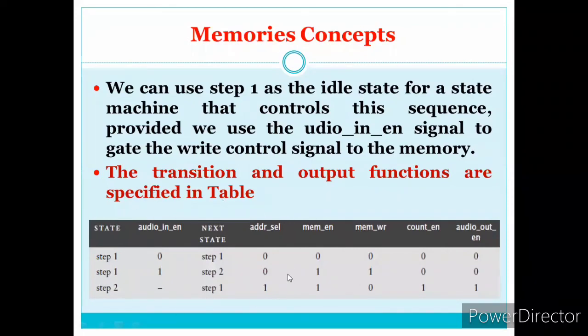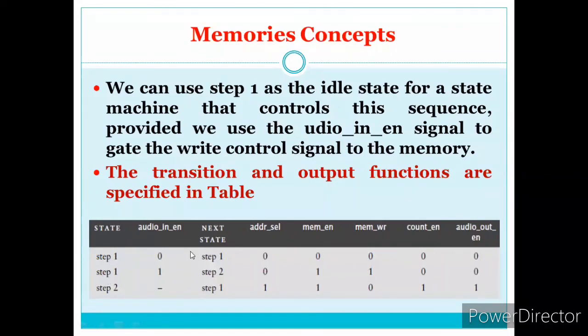If you observe the transition table, there is a state machine table. Step 1 is what? Audio input enable is 0. So this is the initial condition where all are zeros. That is idle state. When it receives the signal, if you observe audio input enable, observe here, when you are receiving the input signal, what happens here?